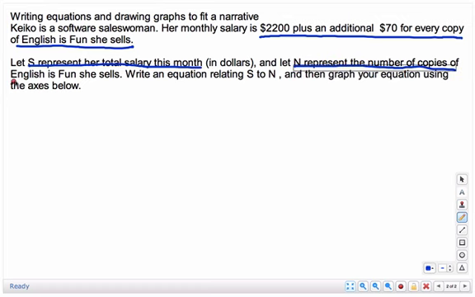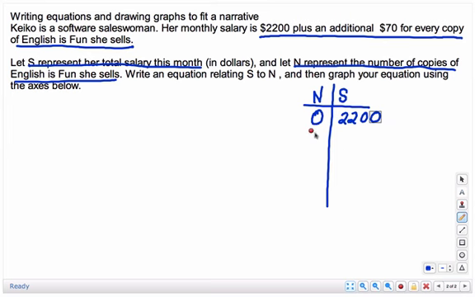Okay, so let's set up a little chart here and see what happens to her salary depending on the number of copies of the book that she's selling. Obviously if she sells 0 copies, 0 is always a good one to start with, then her salary would just be the flat fee of $2,200.